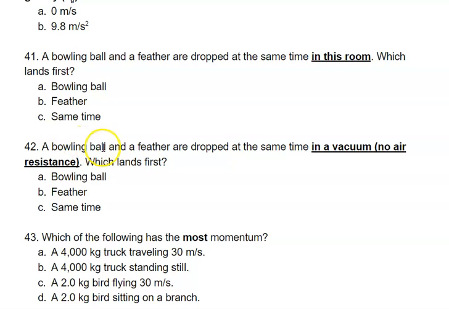A bowling ball and a feather are dropped at the same time in a vacuum. In other words, there's no air resistance. Which lands first? A, the bowling ball, B, the feather, C, they land at the same time.